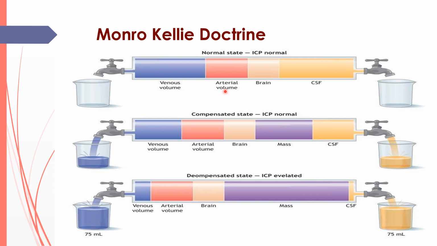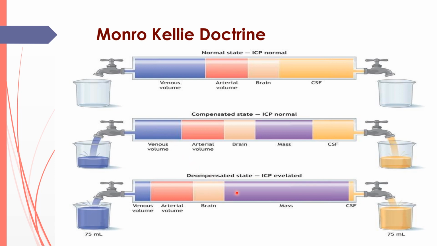For example, if there is a mass over here, you can see there is a mass. The cavity still accommodates the mass and maintains the normal intracranial pressure at the expense of the CSF and the blood volume.